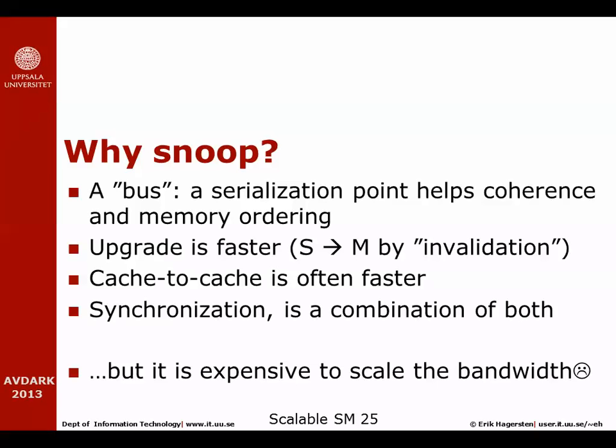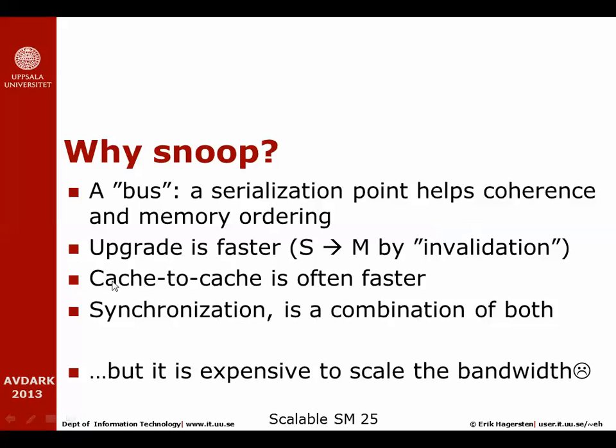So what was the advantage of the Snoop? Well, the Snoop is a serialization point that helps to implement coherence, and even more so, it helps to implement stronger memory ordering models. It can provide a very fast upgrade to a cache line. An upgrade is when a cache line is in state shared, so we have read permission, but we want write permission to that cache line, and that is simply done by sending your own invalidation on the bus.